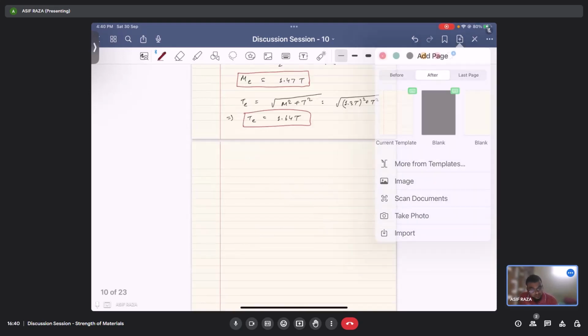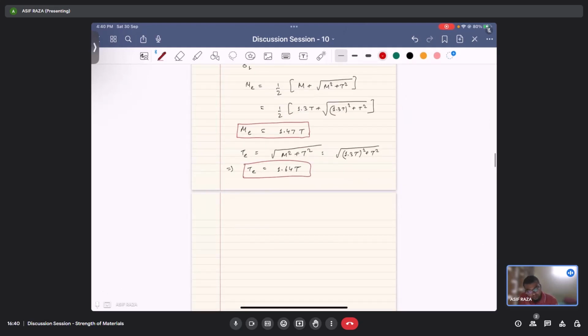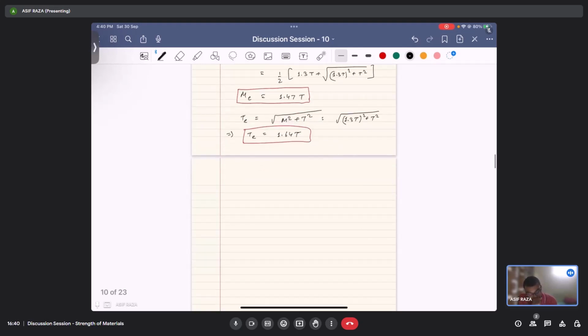Now next part is we need to find the maximum stresses pertaining to the equivalent bending moment and the equivalent torque. So through the equivalent bending moment we would be able to find the maximum principal stress, and that would be equal to 32 ME by pi d cube, and tau max would be equal to 16 TE by pi d cube.